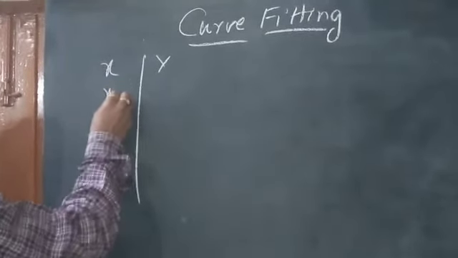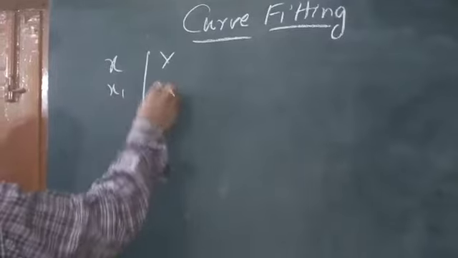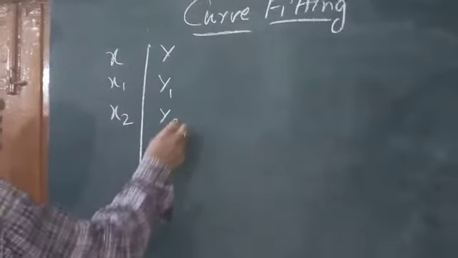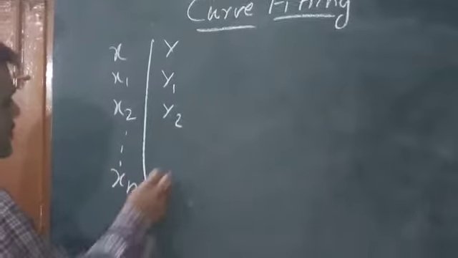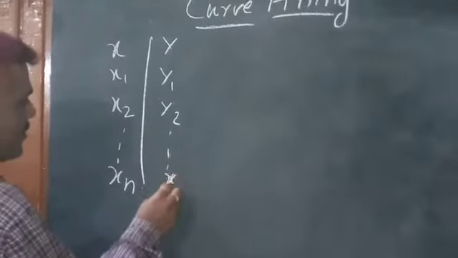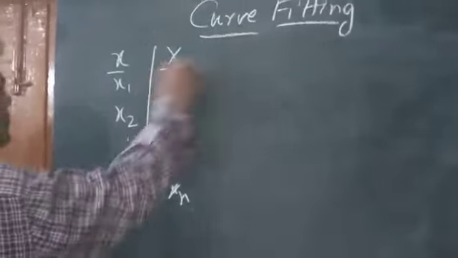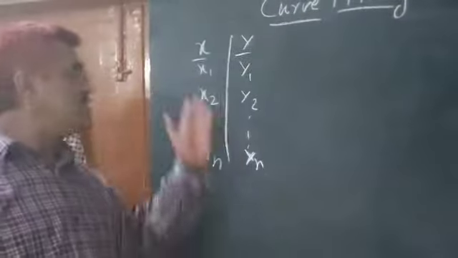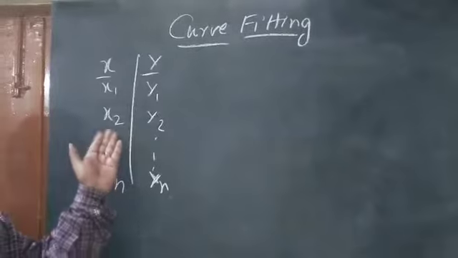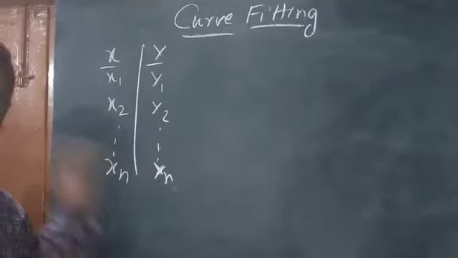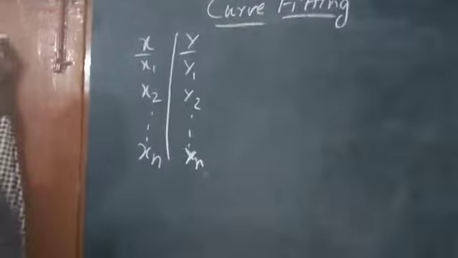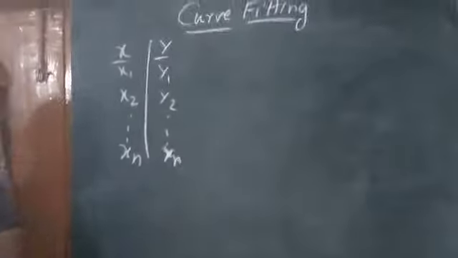x1 will satisfy y1, x2 will satisfy y2, xn will satisfy yn. So, some points of x1 which satisfy y1 will give a curve.